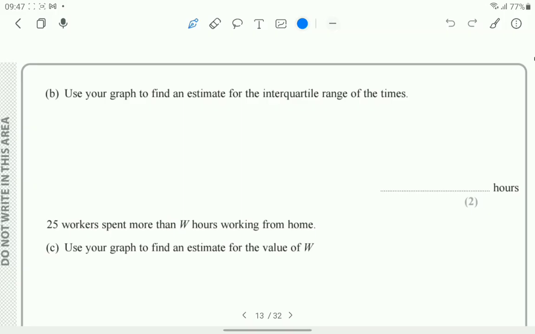Part B is an extension of the cumulative frequency graph. Use your graph to find an estimate for the interquartile range of these times. Interquartile range is Q3 minus Q1. So 60 times 3 by 4 is Q3. It would give us 45.